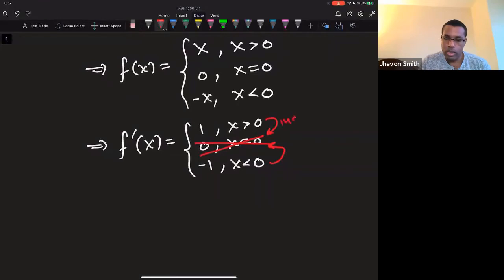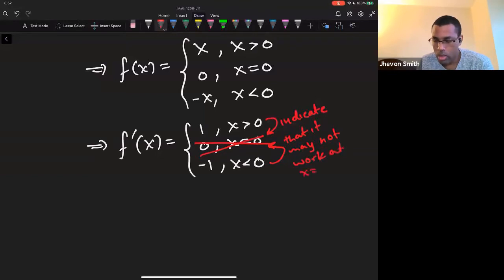These indicate that it may not work at x equals 0.